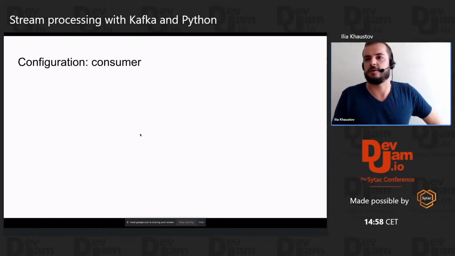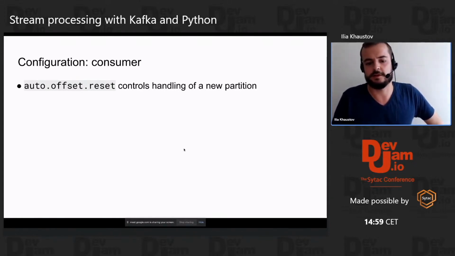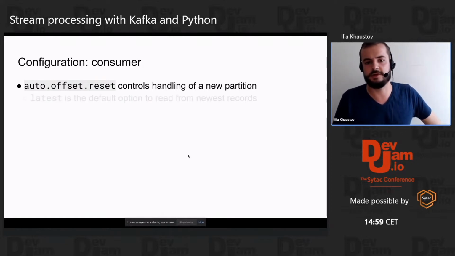Next, we'll talk about configuration of consumer. In consumer we can control how to handle new partitions. When a consumer appears, the topic may have existed for some time, and it needs to decide: do I read from the earliest offset or from the latest?